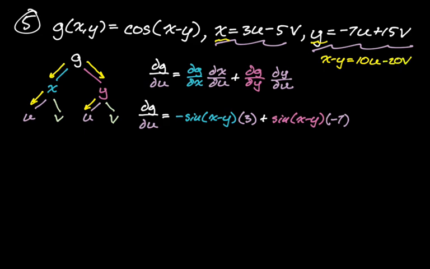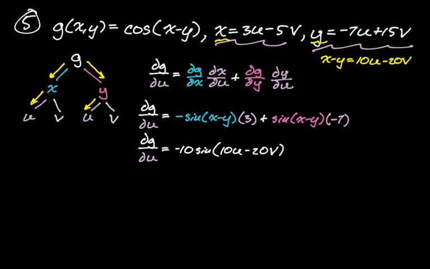So x minus y is 10u minus 20v. So we have negative 3 sine of blah and negative 7 sine of blah, which means we have overall negative 10 sine of blah, where blah is 10u minus 20v. And that's it. That is partial u for this function.